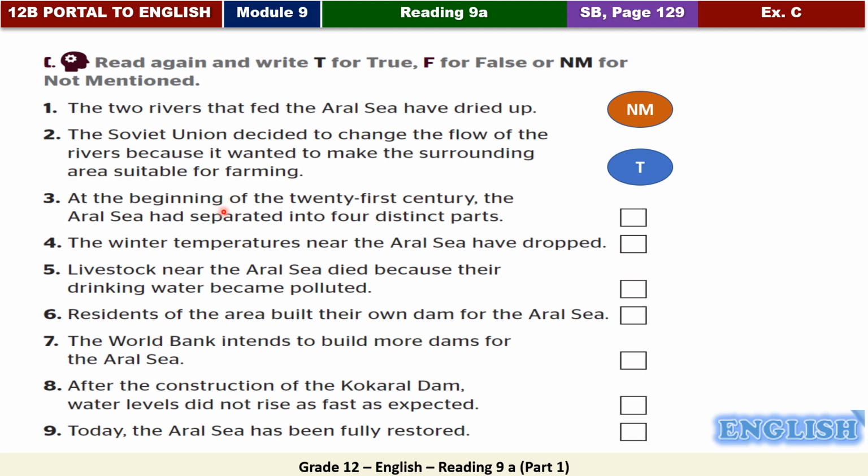3 now. At the beginning of the 21st century, the Aral Sea had separated into 4 distinct parts. Yes, it's not mentioned, of course. 4, the winter temperatures near the Aral Sea have dropped.